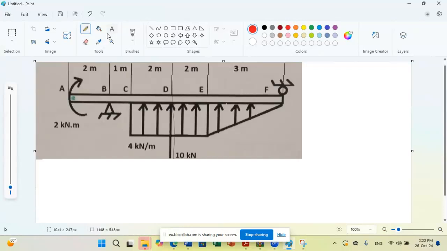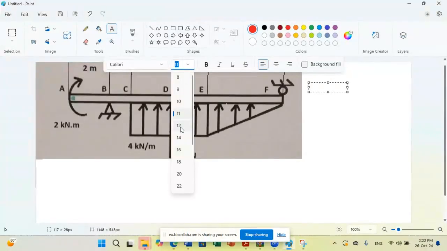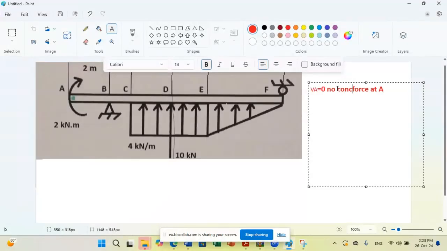So you can write the following as explanation: V at A is equal to 0. What is the reason? Because no concentrated force at A.